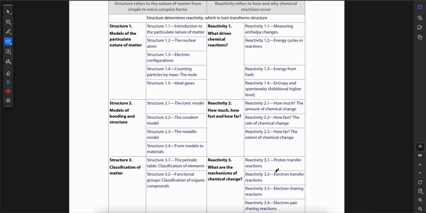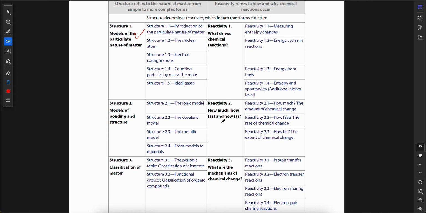and you can see here the first theme is Structure 1, which covers the structure of matter, from atomic particles and electron configurations to measuring substances with the mole and understanding gas behavior with the ideal gas model.